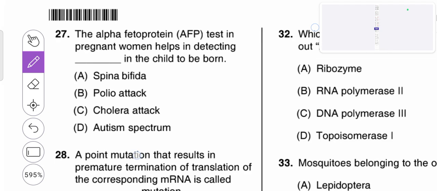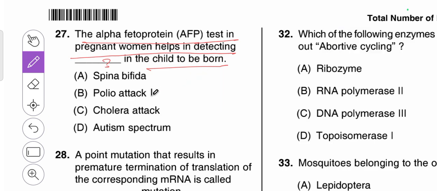Then 27th question. Alpha fetoprotein AFP test in a pregnant woman helps in detecting dash in the child to be born. This AFP test will be done during 16 to 18 weeks, that is during the second trimester.